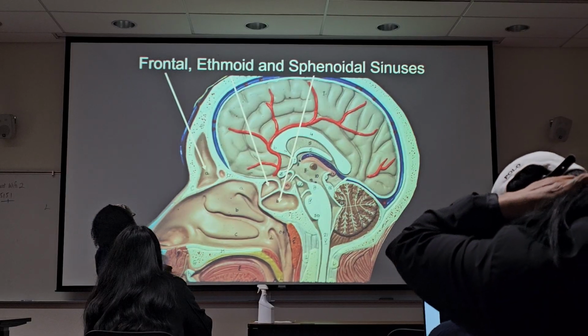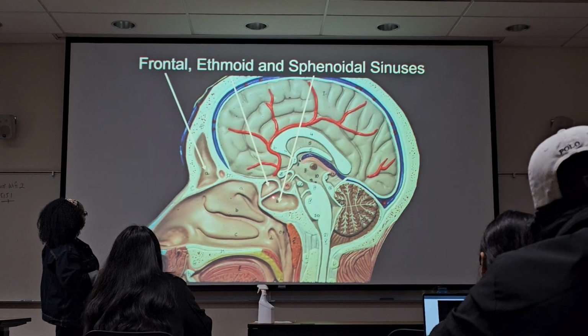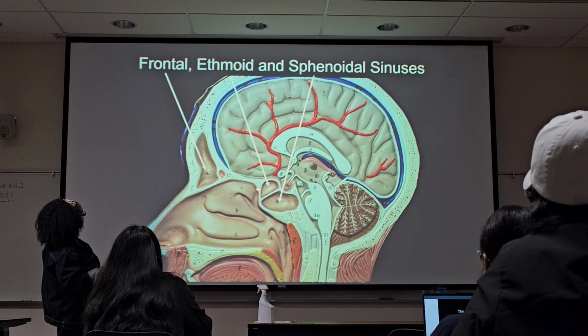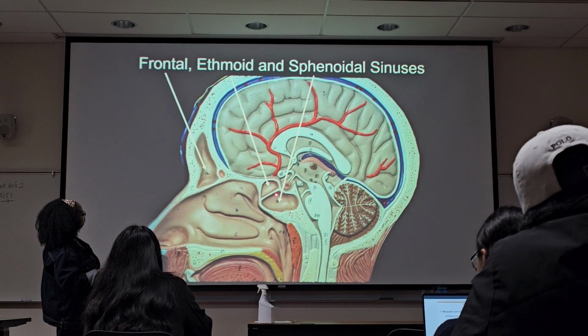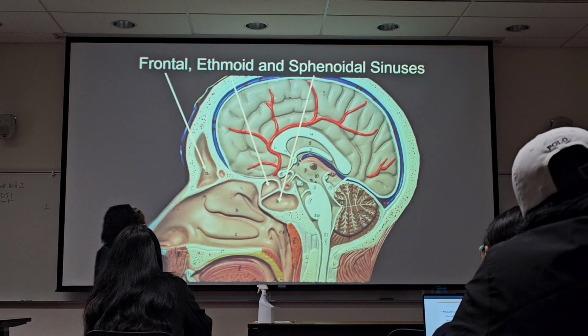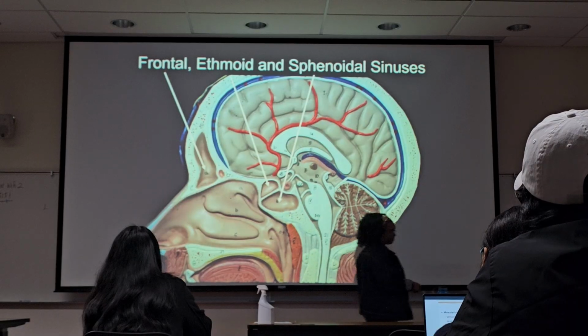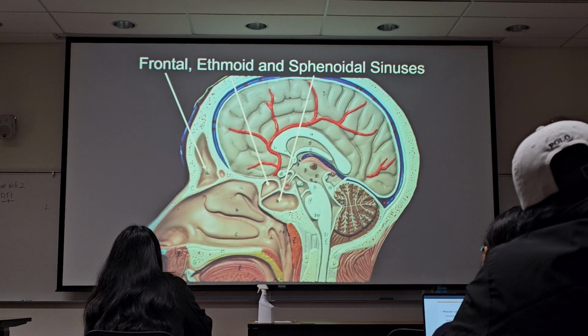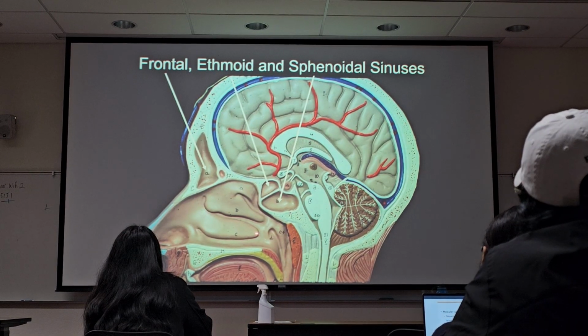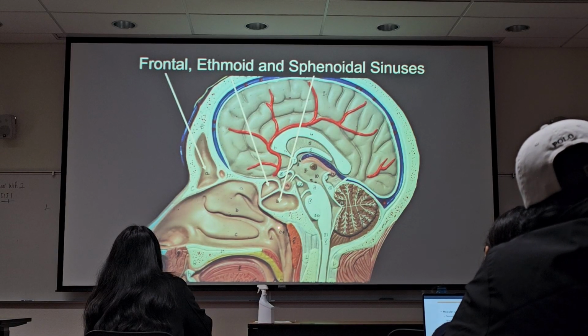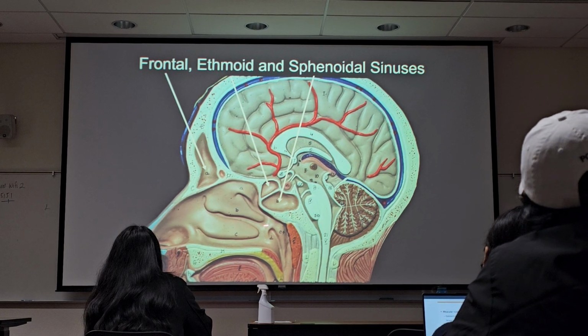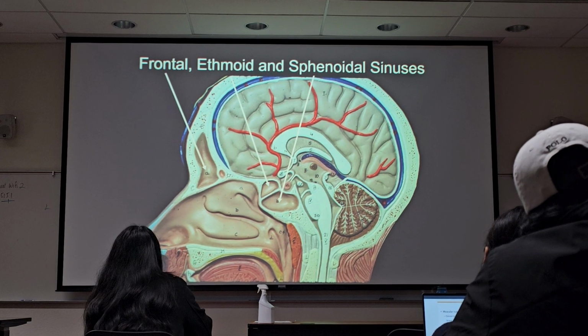So our sinuses are located around the head: our frontal sinus, and then our ethmoid and sphenoidal sinuses. Once we leave the internal nares behind the nasal cavity, we enter into the pharynx.